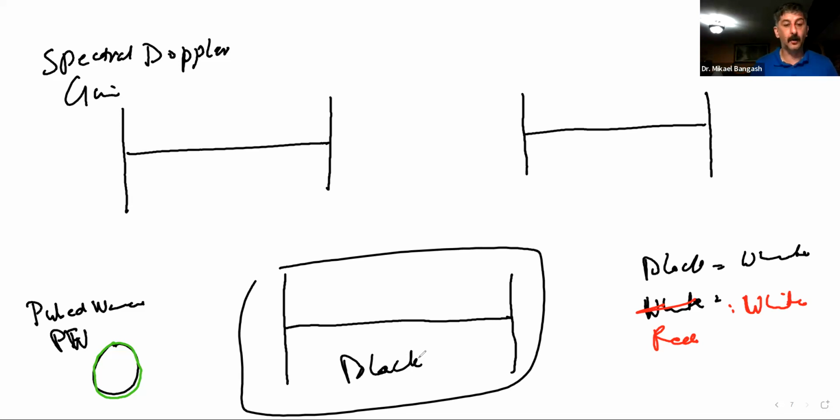Which mainly means that you are not recording any Doppler shift. Now you make sure that your sample window or sample volume, as your book may also call it, is at a correct angle, and your angle is also steered correctly. But you still don't have a Doppler shift recording on your spectral Doppler.